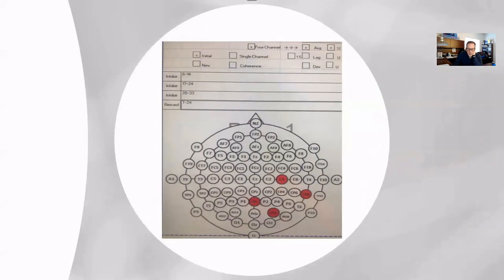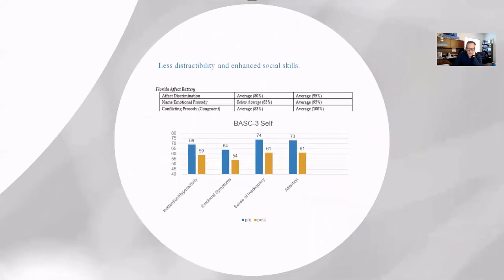So that's where we did the training. As you can see, QPS average, rewarding 7 to 24 hertz, increasing coherence. We inhibited some theta and alpha, some higher beta in 2 different frequency bands, and did their training over time.